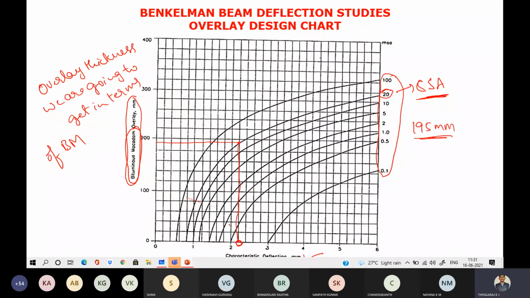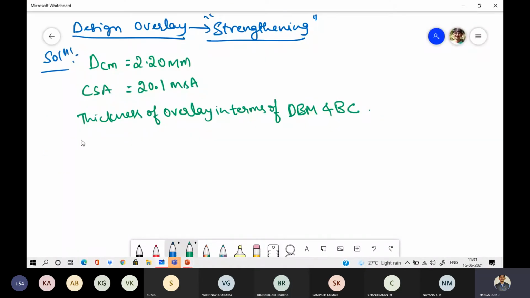Is it understood how to get this thickness of macadam? Yes, sir. Okay. Now, from the graph, make a statement here.